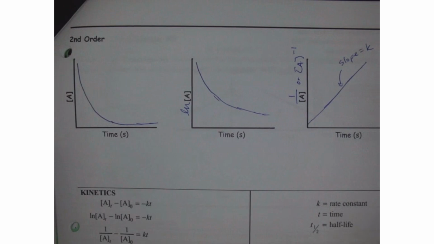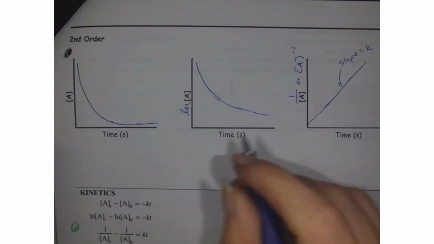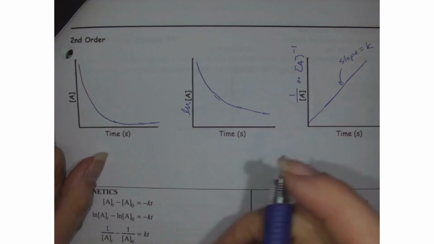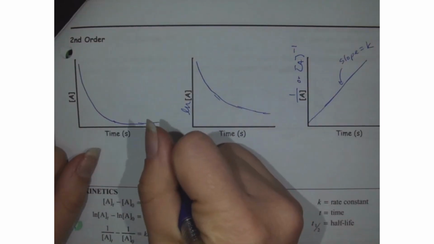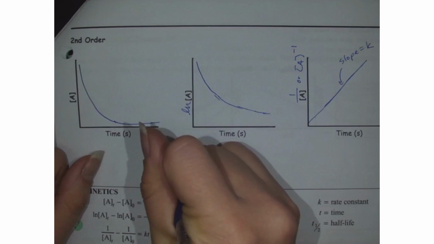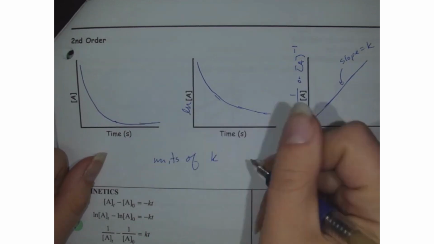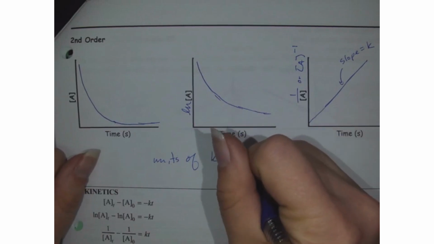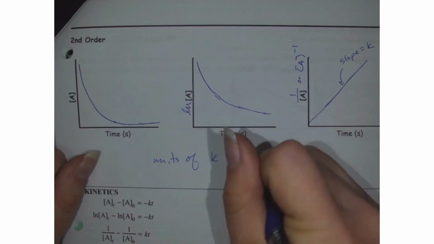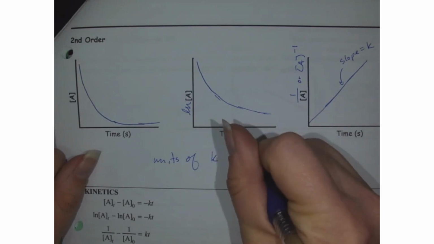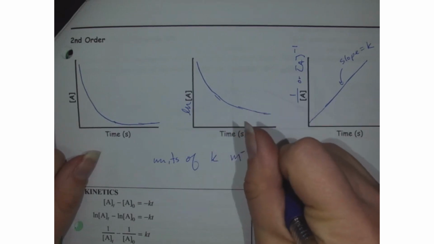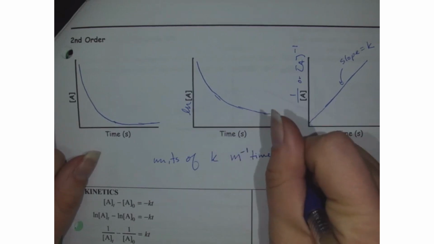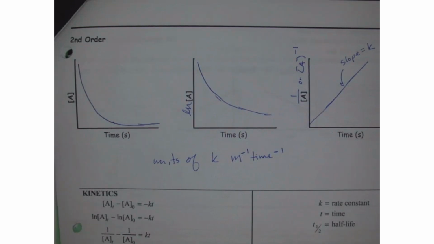And just a reminder, when it's second order, this rate constant K has units of molarity to the -1, time to the -1. Inverse molarity, inverse time.